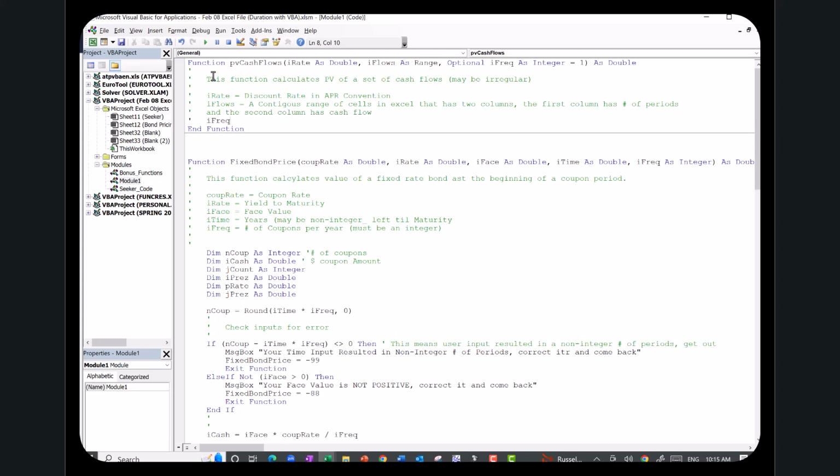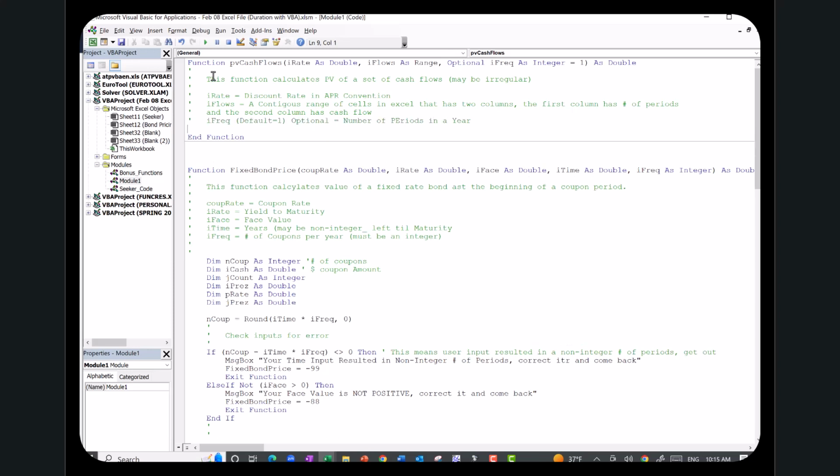And ifrac default equals 1. Optional number of periods in a year. You probably guessed that I could have written this function when input is in rows.